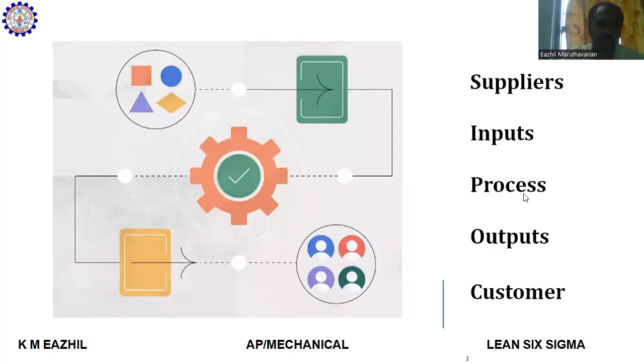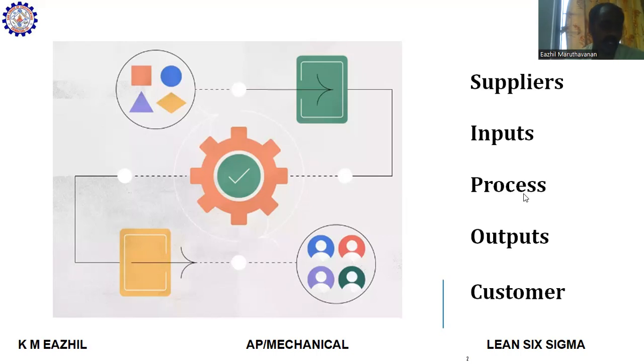SIPOC is a process that deals with high-level process mapping, and it also helps to visualize the process and its influences. It is a useful tool that helps show how a process serves the customer and shows the input and output of a process in a visual format.